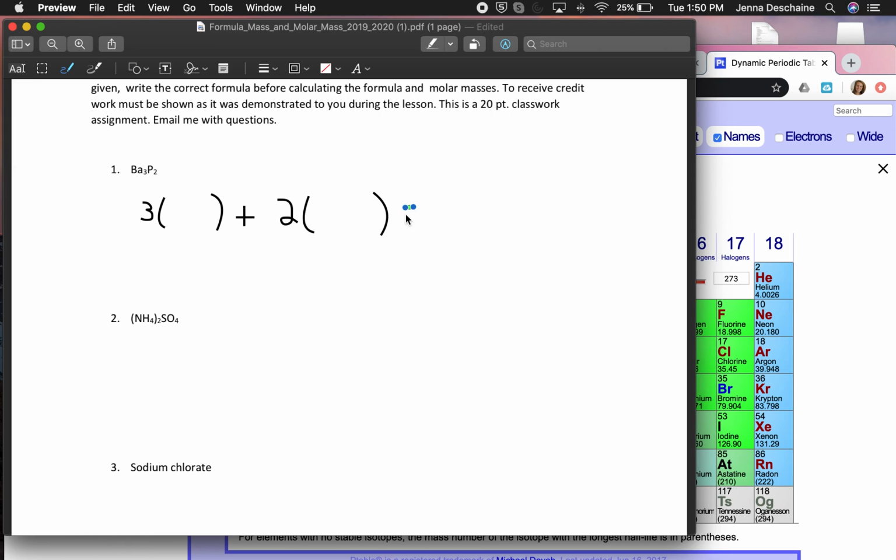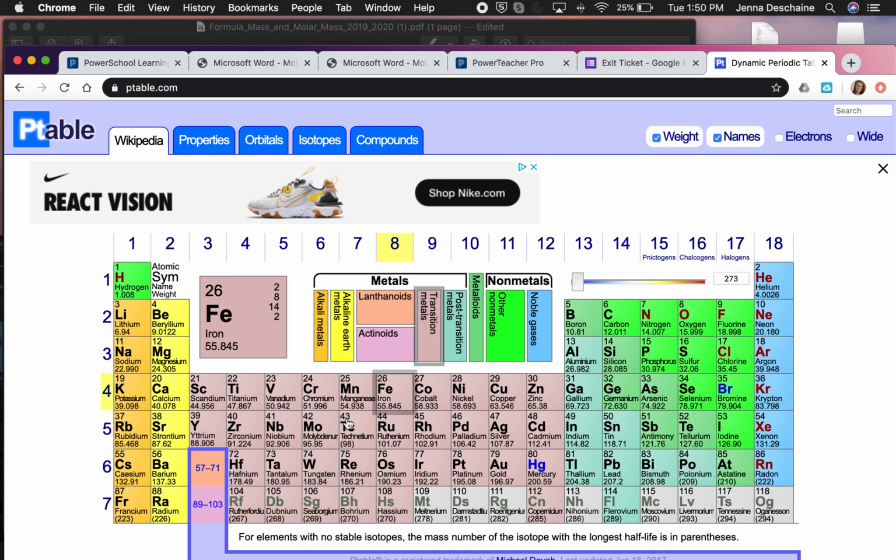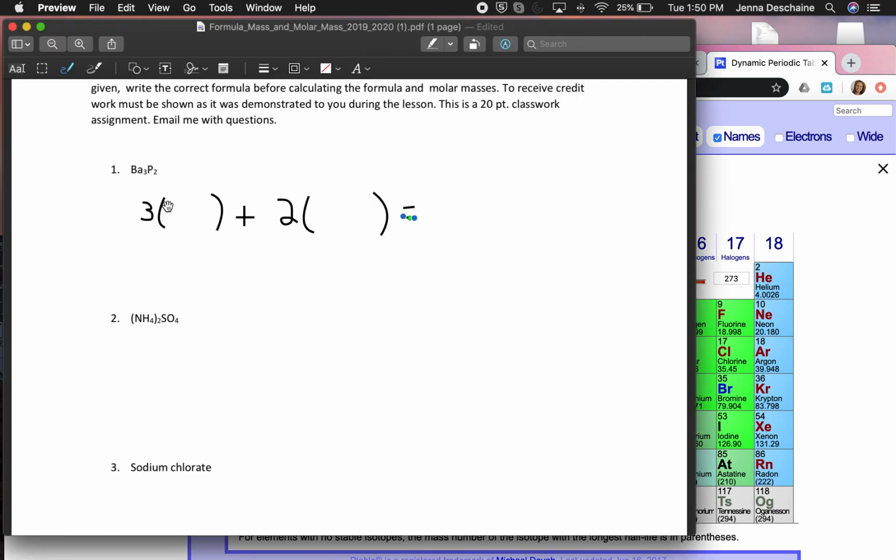Okay, so looking at the periodic table, I'm going to go to barium, which is down here, 56, and its mass is 137.33. So I'm going to put that right here.